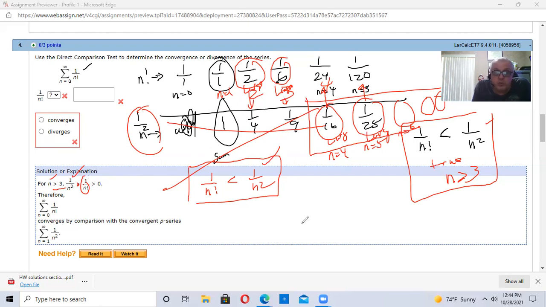So the only thing we need to do for this problem is determine if 1 over n squared converges or diverges. This is a P series, and this is the P. P equals 2. And if you remember for P series, when P is between 0 and 1, it diverges.